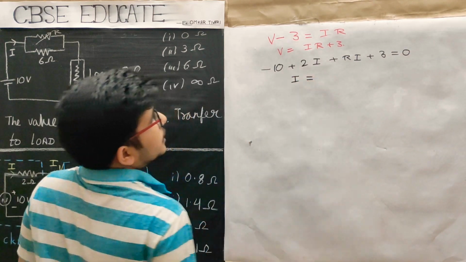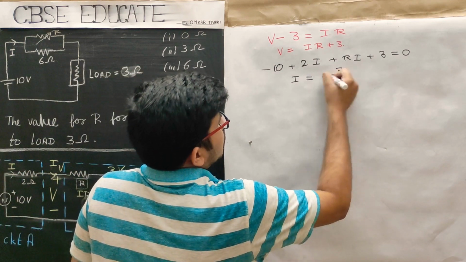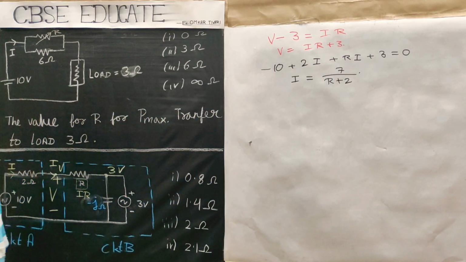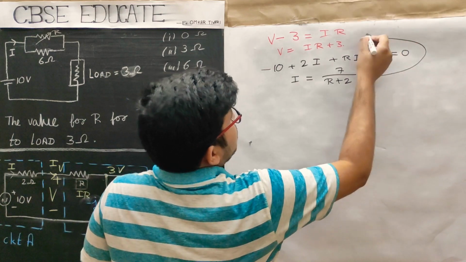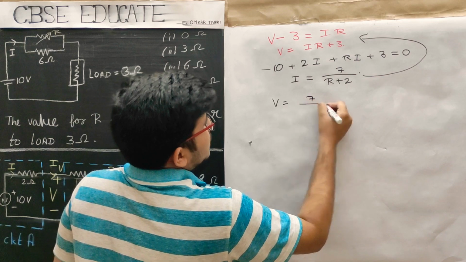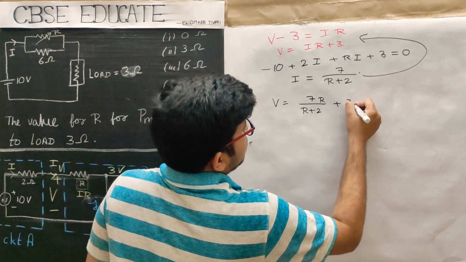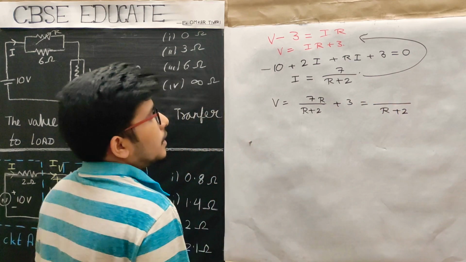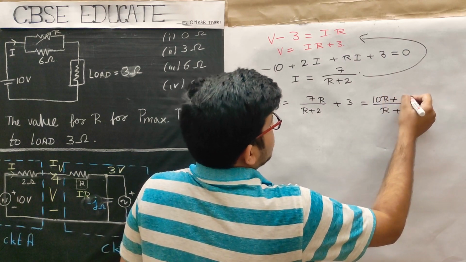By equating all these, you will get I is equal to 7 by R plus 2. Now putting this value in this, V is equal to 7R by R plus 2 plus 3. Taking the LCM, R plus 2, we get 7R plus 3R, it is 10R plus 6.